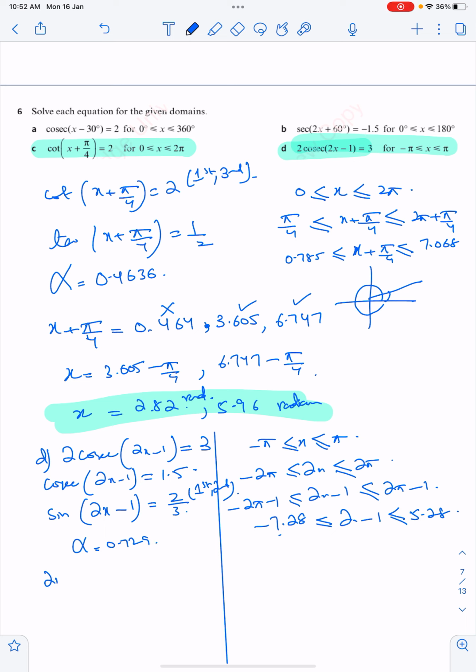Now the angles which I am going to accept for the first quadrant is 0.729, which comes in this range, so I can accept that. For the second quadrant it will be 0.729 subtracted from pi, so pi minus 0.729, 2.41.